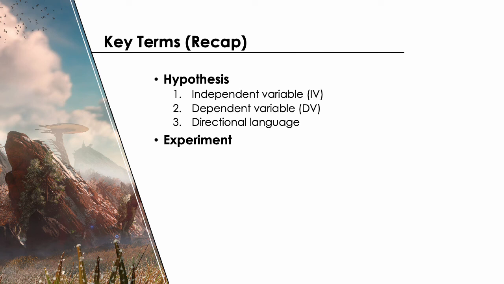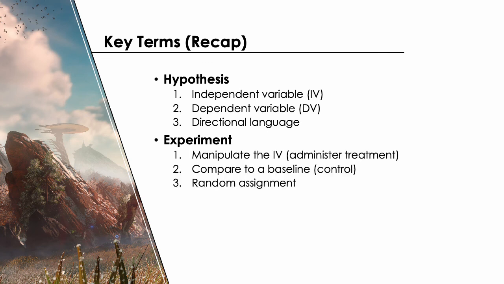And in the coming weeks, you're actually going to be assigned to pose your own hypothesis about video game effects, and that's a topic that you're going to then be researching for the remainder of the semester in the context of your experiment proposal. And when we're thinking about an experiment, it also has three key features. It has a manipulation of the independent variable or administration of the treatment. It has a comparison to a baseline or a control, and it has random assignment.